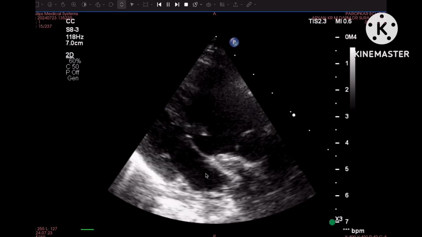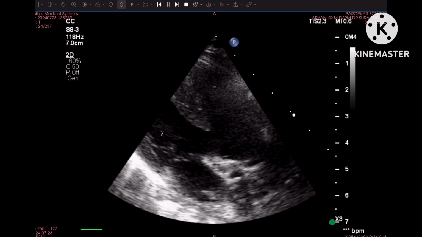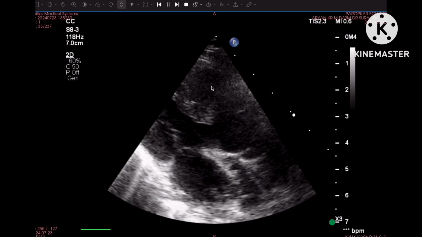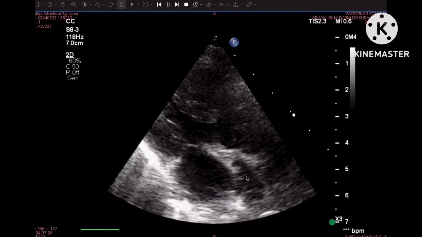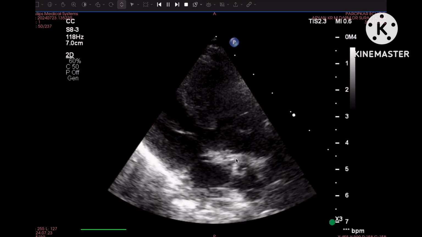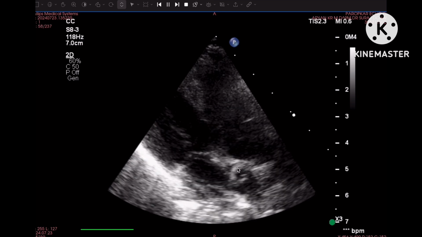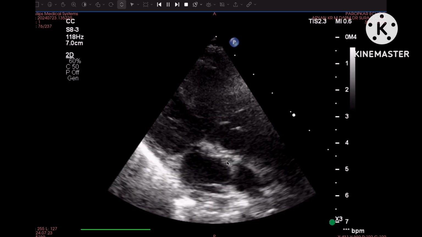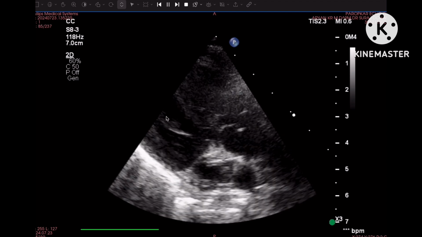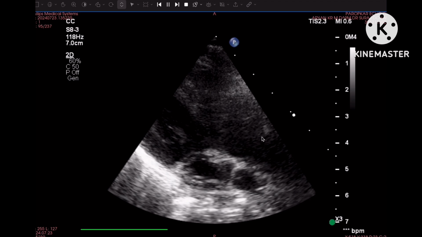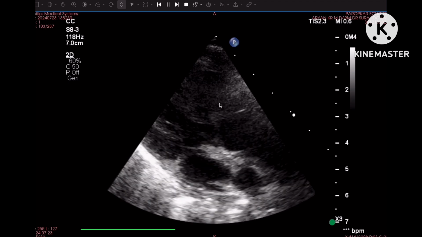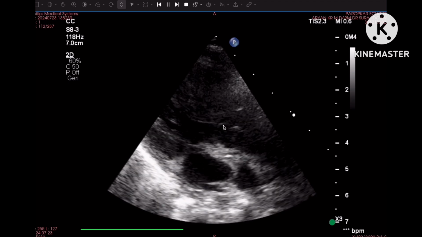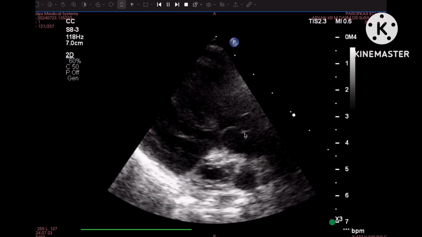This part is the left atrium, this is the left ventricle, this is the right ventricle, this is the pulmonary artery. You can see the echogenic, so many things here. So significant pulmonary stenosis. The pulmonary artery is coming exclusively from the left ventricle, and the aorta is coming mainly from the right ventricle, and some part of the aorta is also coming from the left ventricle.